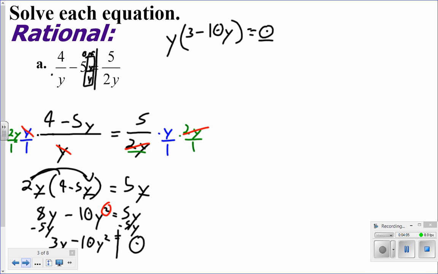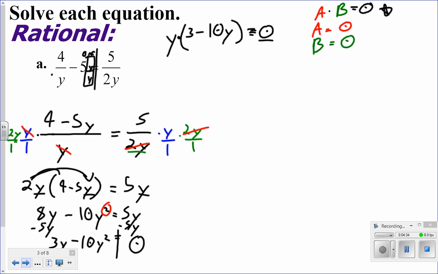So here we're going to use our zero product property. If I have two things being multiplied by each other to equal 0, so let's say if I have A times B equal to 0, either A is equal to 0 or B is equal to 0. It's the only way that this equation can be true.